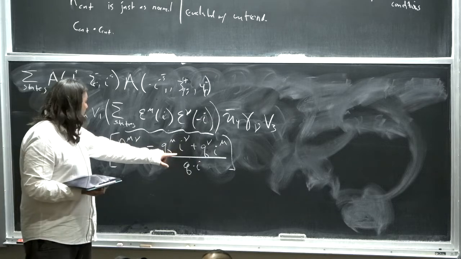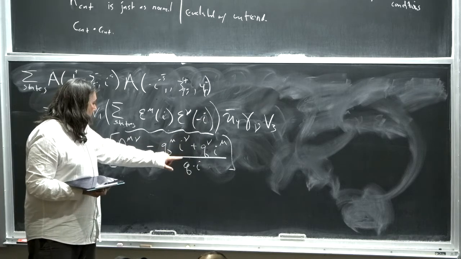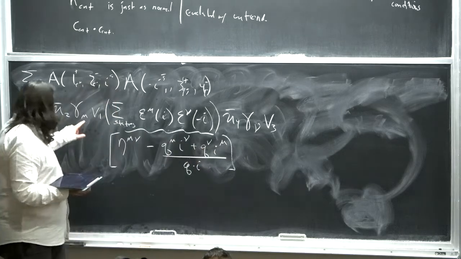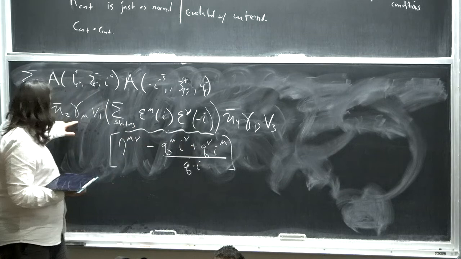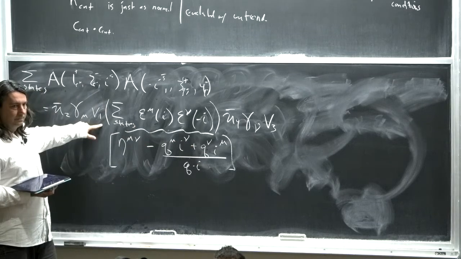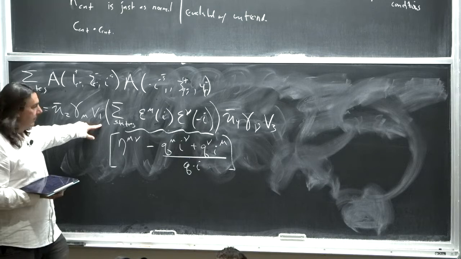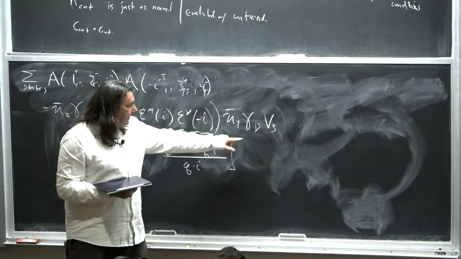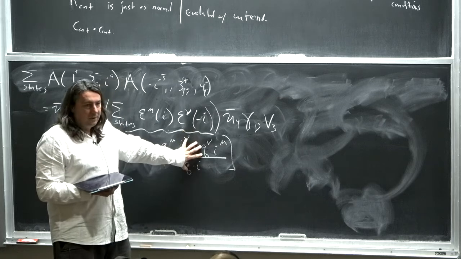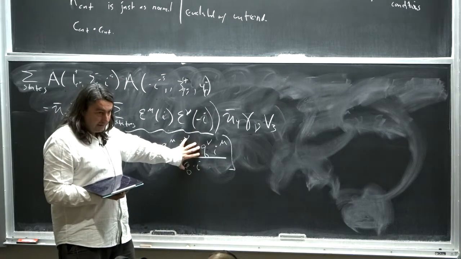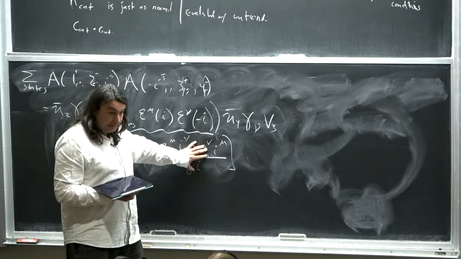So what happens when I throw this guy into here, this guy into here? What do I get? 0. And what do I get when I throw this guy into here? So I can throw away this term, and I have no gauge dependence. So I wasn't missing any pieces.